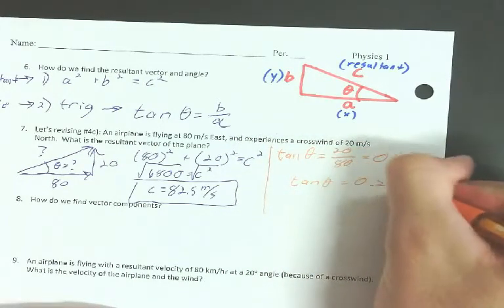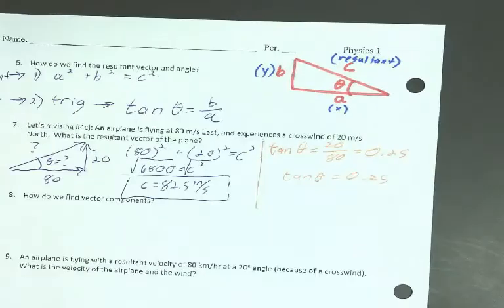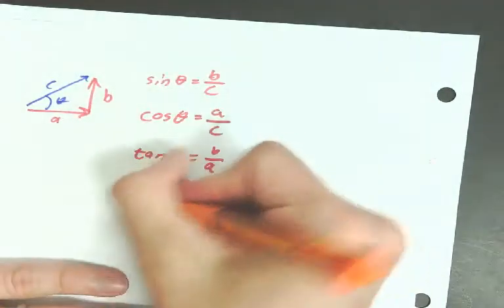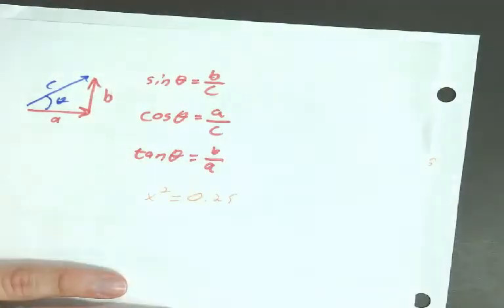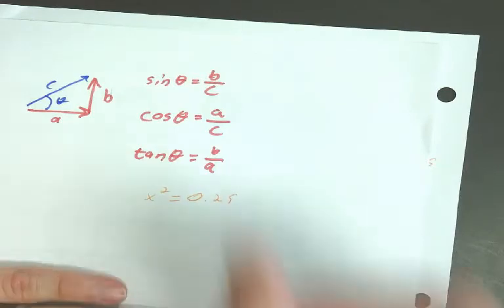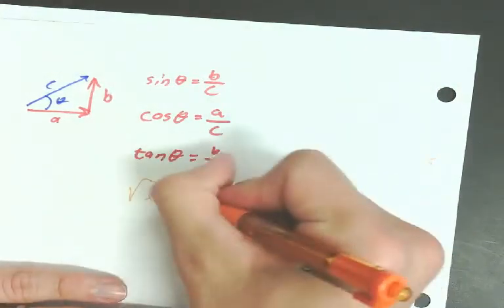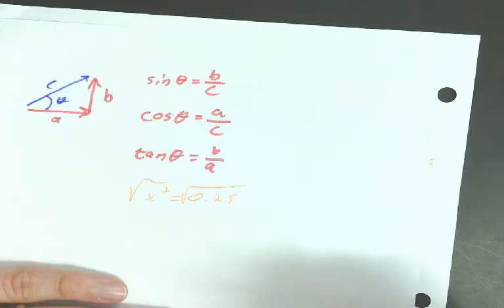But I don't want the tangent of theta, I want just theta. So if I have x squared equals 0.25, I would do the opposite of this to get just x. I would square root both sides to get just x.